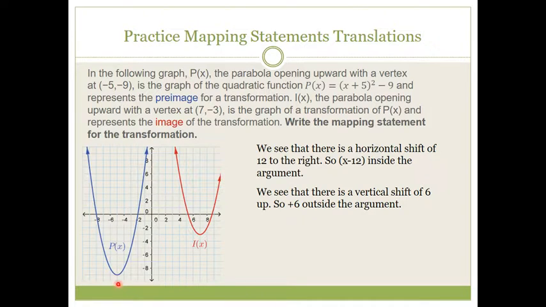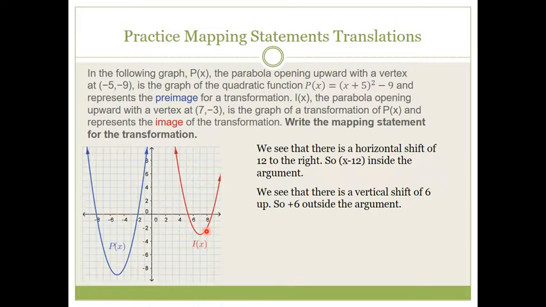And if you couldn't tell that from the graph by counting, you could again look at the vertex points they gave, and take the image point, which is at -3, and subtract the pre-image. So I would say -3 minus a -9. A minus is a plus, so -3 plus 9 is +6. All right, so we went up 6.